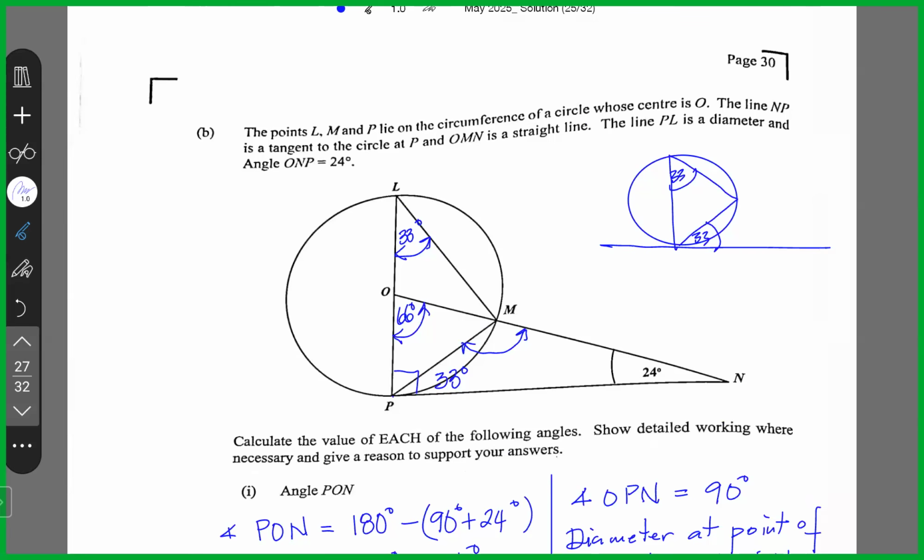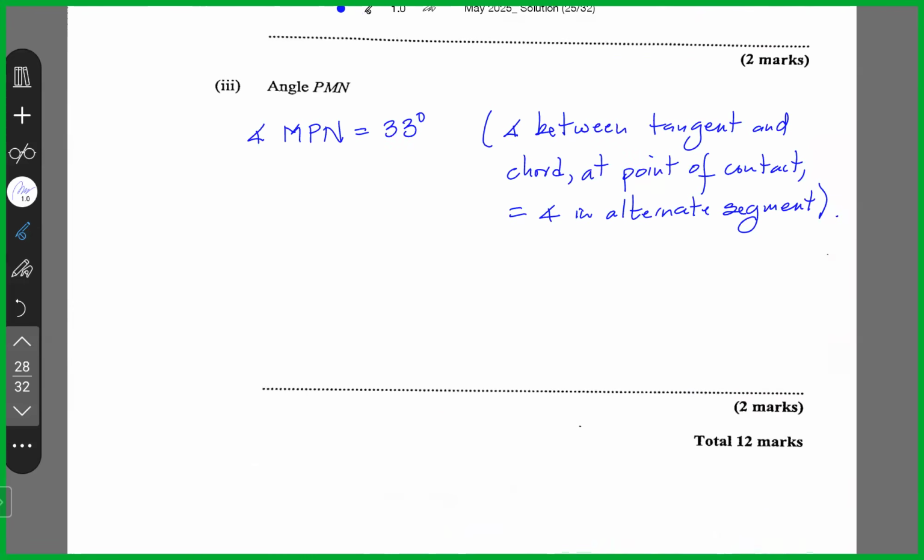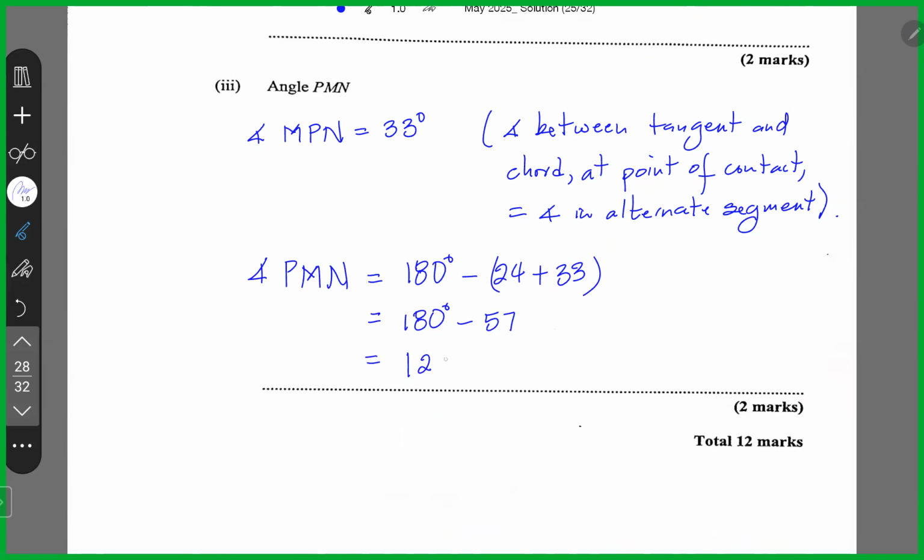So now angle PMN would therefore be equal to 180 minus 24 plus 33. This is 180 minus 57. This is 123 degrees.